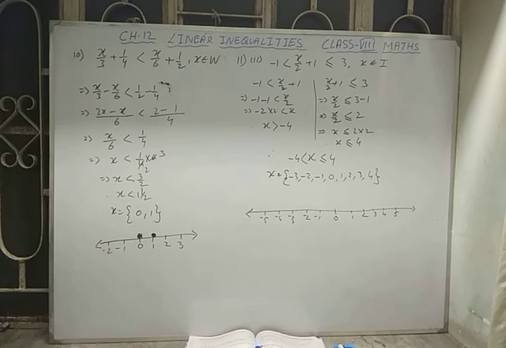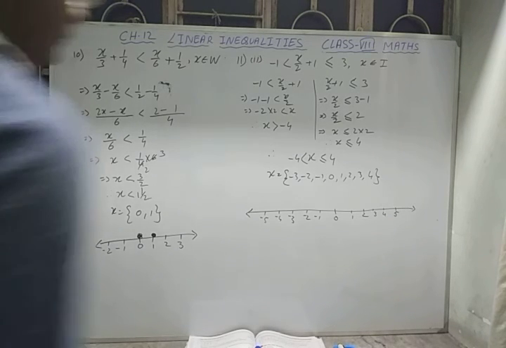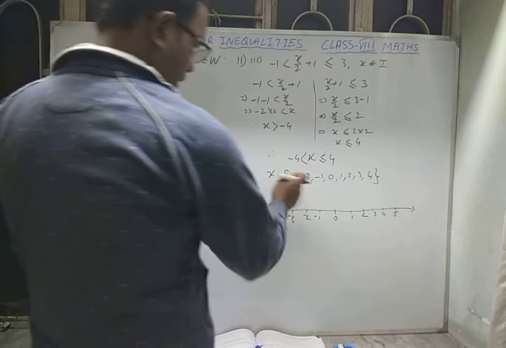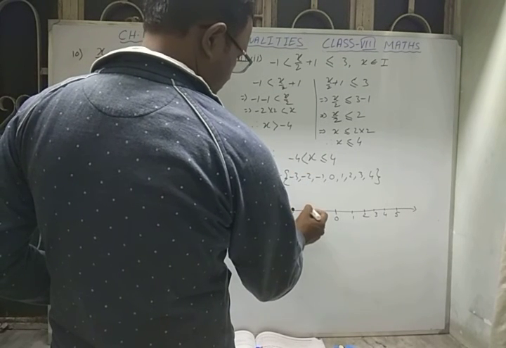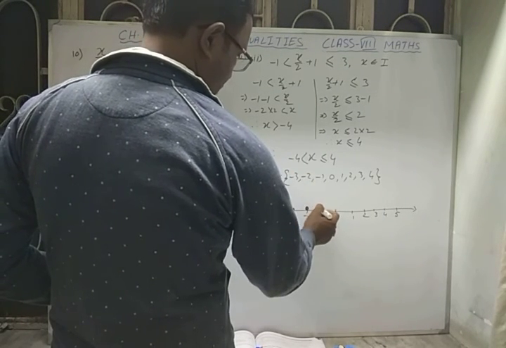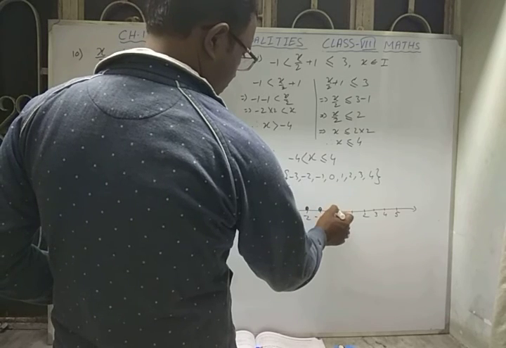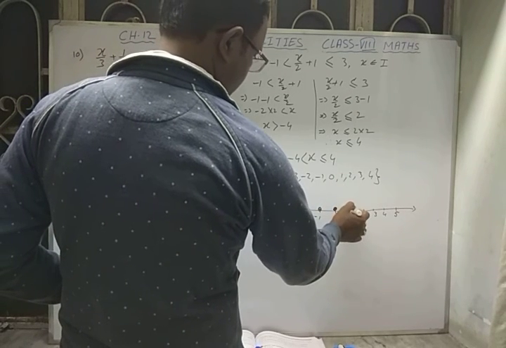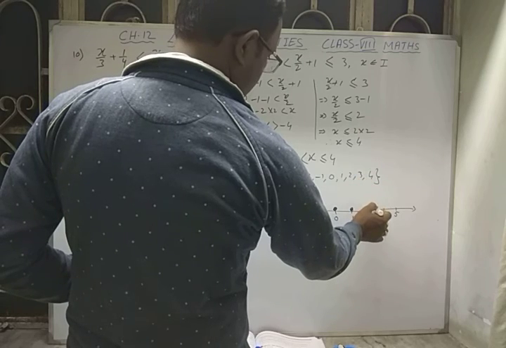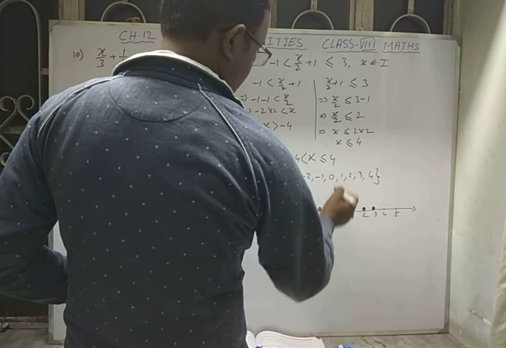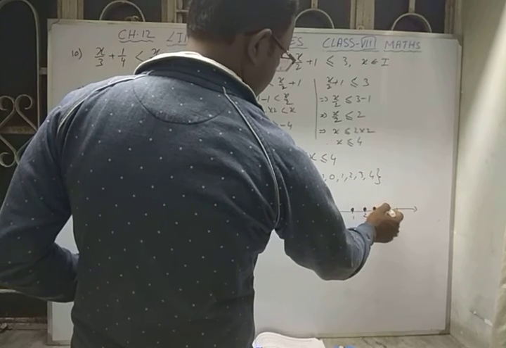So the first answer is -3, so circle it here, then -2, circle it, -1, then 0, then 1, then 2 and then 3 and 4 also.